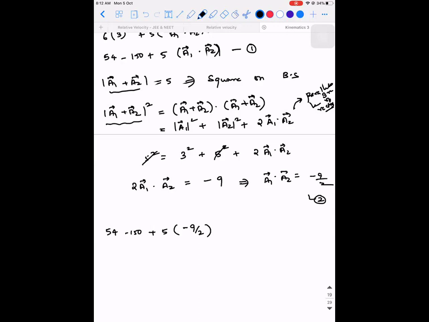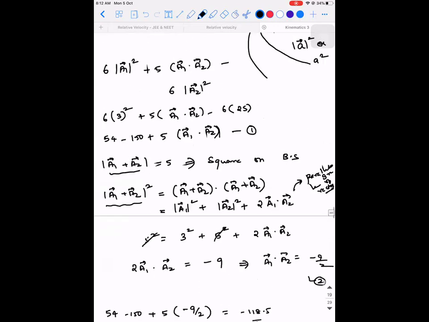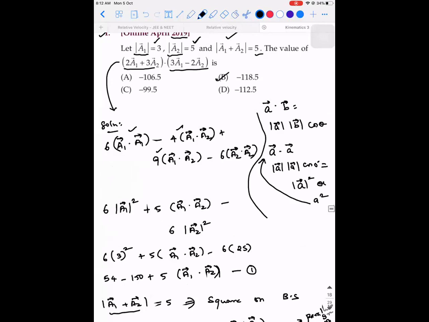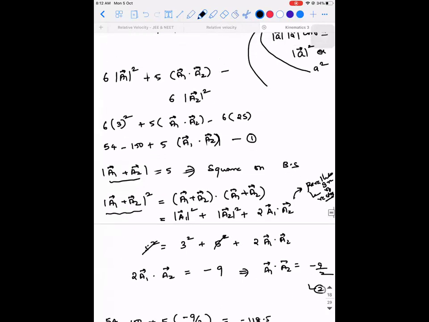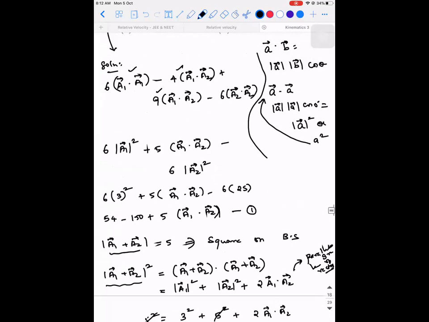Minus 118.5. Is there an option like that? So minus 118.5. Keeping the answer aside, did you guys understand how to think?